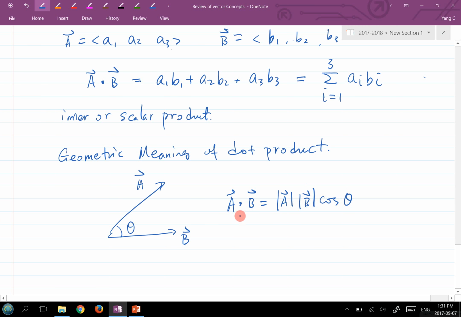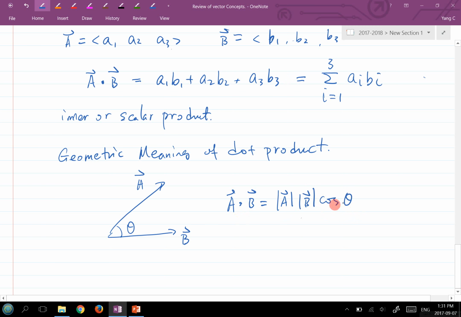Apparently the difference between the first formula and the second formula is that the second formula has the angle theta introduced. That's the new part. Other than that, the other side is a calculation of the length of A and the length of B, so that's not really new.